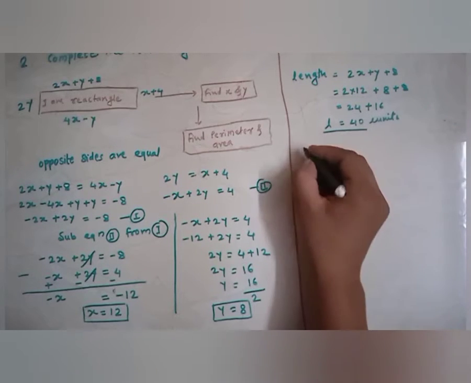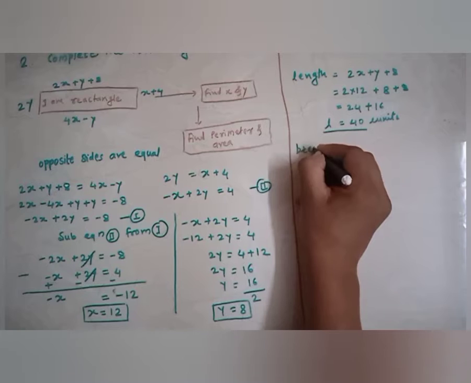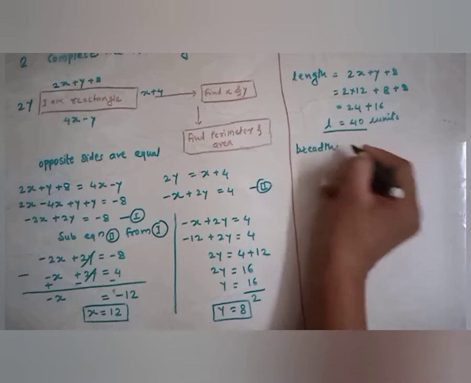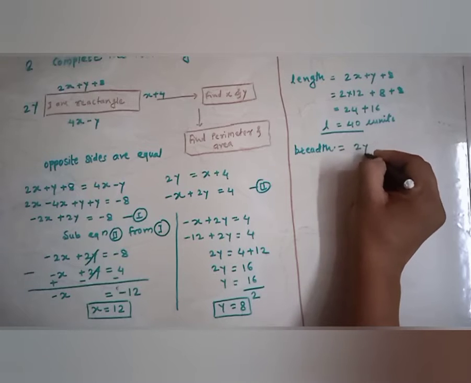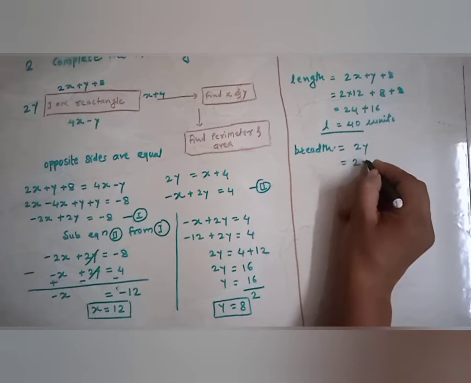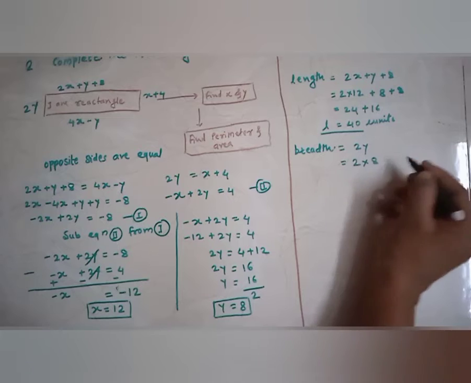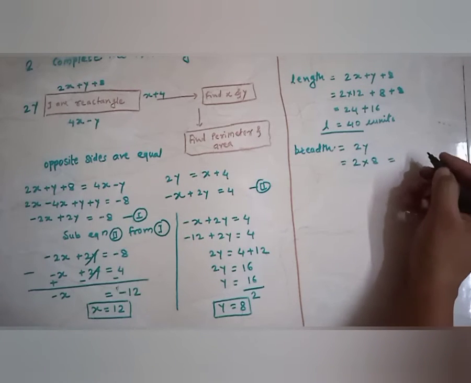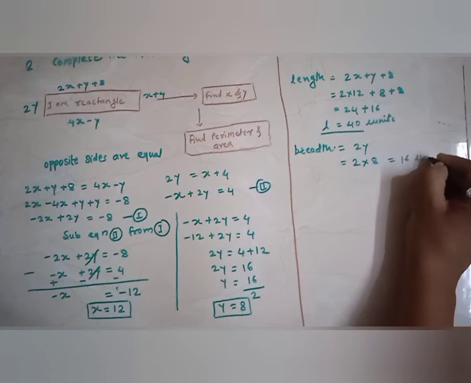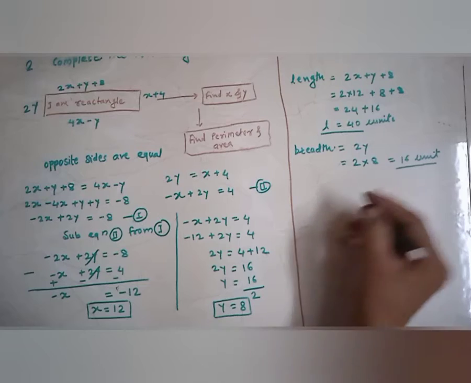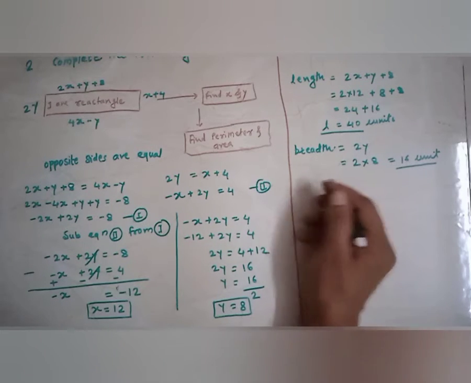Likewise we can find the breadth. We can take only 2y also. 2 into y's value, which is 8, then we get 16 units. So we get the value of length and breadth. Now we can find the perimeter first.